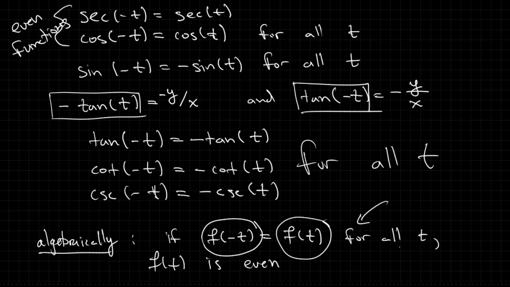Now, we also had previously learned about odd functions, in which they were symmetric about the origin, which means if you reflected them twice, you got the same function. That is, if you take a function f and you reflect it about the y-axis and the x-axis, then you get the original function.